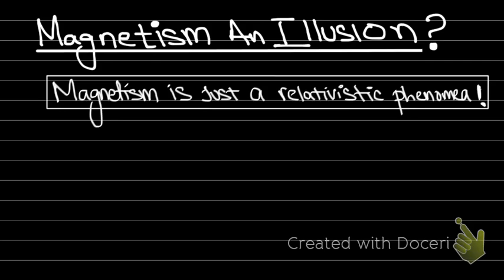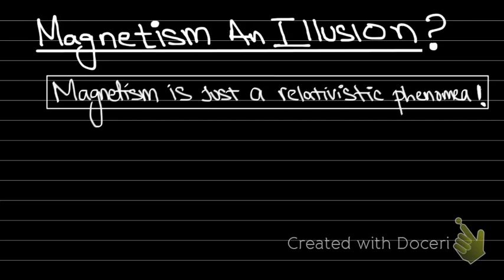And at some distance r, there is a point charge q that is also traveling to the right at a speed u, which is less than the speed v, right?